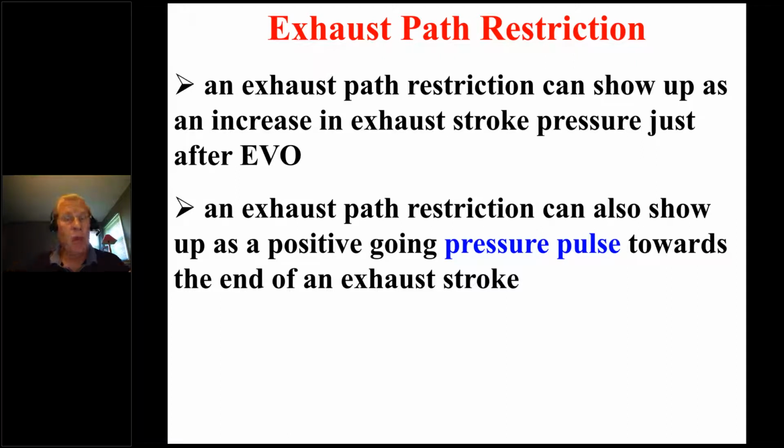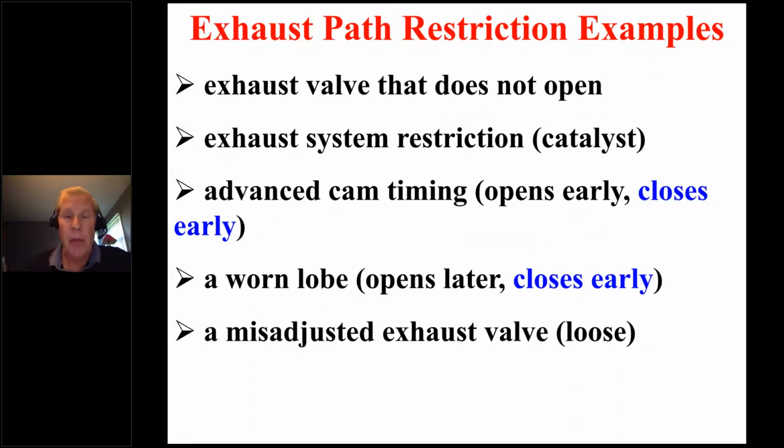Or, as we saw, an exhaust path restriction can show up as a slight pressure pulse towards the end of the exhaust stroke. You know, maybe the last third, the last quarter of the exhaust stroke. These are examples of exhaust path restrictions. Worst case scenario, exhaust valve doesn't open. Could have a restricted converter.